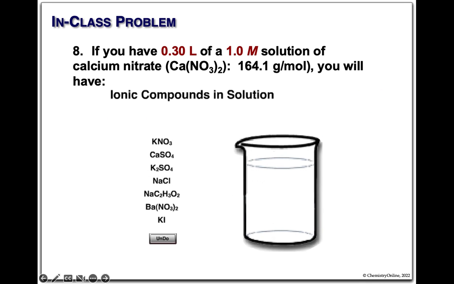If we took something like potassium sulfate, where we have a 2-to-1 molar ratio, and we put it into water, what happens is instantly this dissociates. We wind up with 2 moles of potassium and 1 mole of sulfate. This means we would have 1 mole of calcium, 2 moles of nitrate. That's what we're looking for.